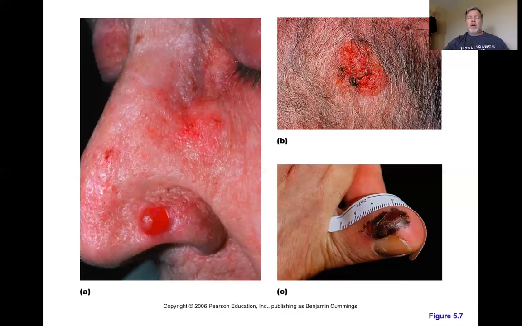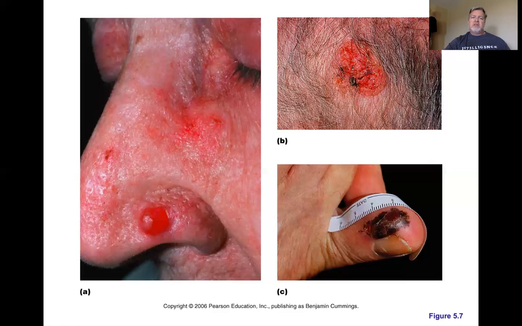D is diameter. If the diameter of this thing is larger than 6 millimeters, that's about the size of a pencil eraser, you've got to get it checked for a melanoma. Now, melanomas are treated by a wide surgical incision. So when I say wide, I mean take off a lot of this, okay? And then after that is followed by immunotherapy.